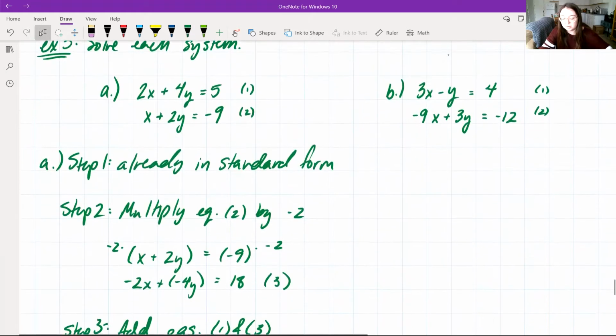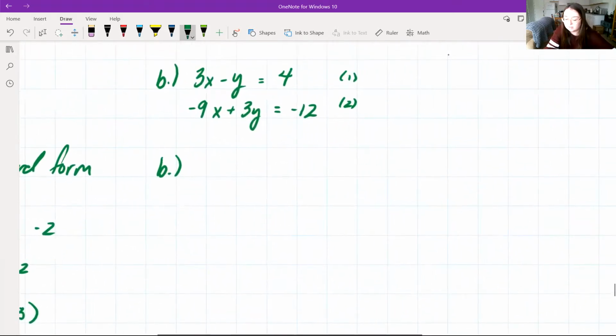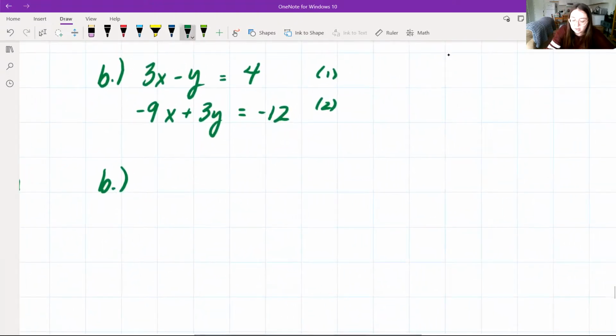Now, moving on to part B. We want to do all the same steps as before. So, part B, step 1, remember that we just want to make sure it's in standard form, which we have: 3x minus y is equal to 4, and negative 9x plus 3y is equal to negative 12.